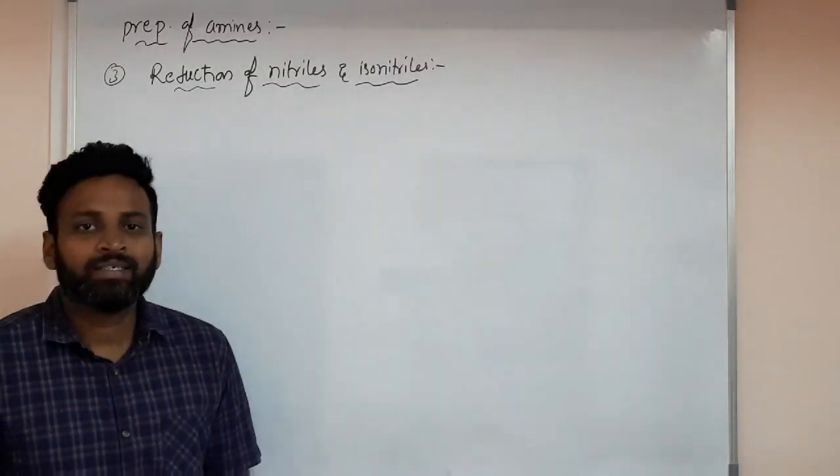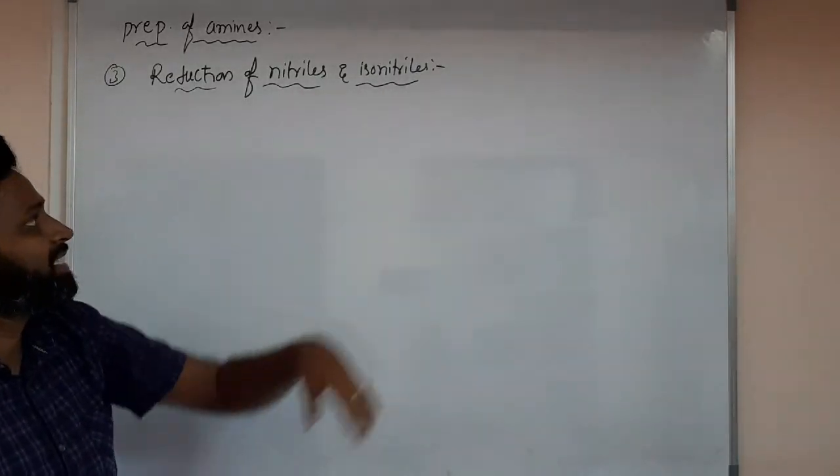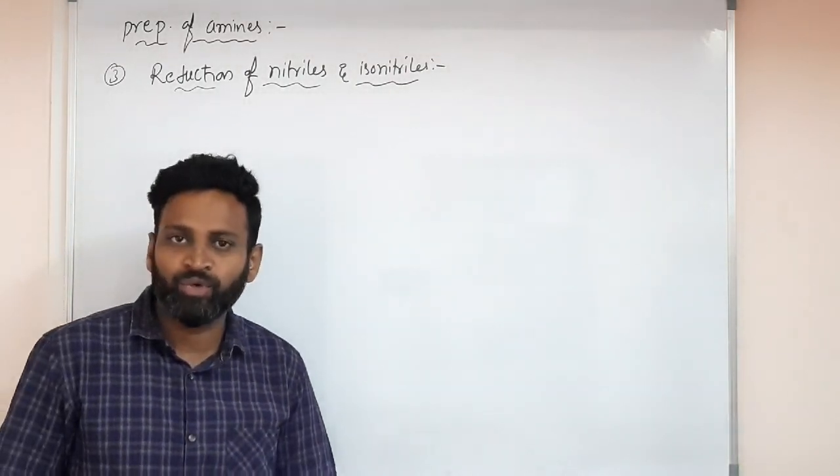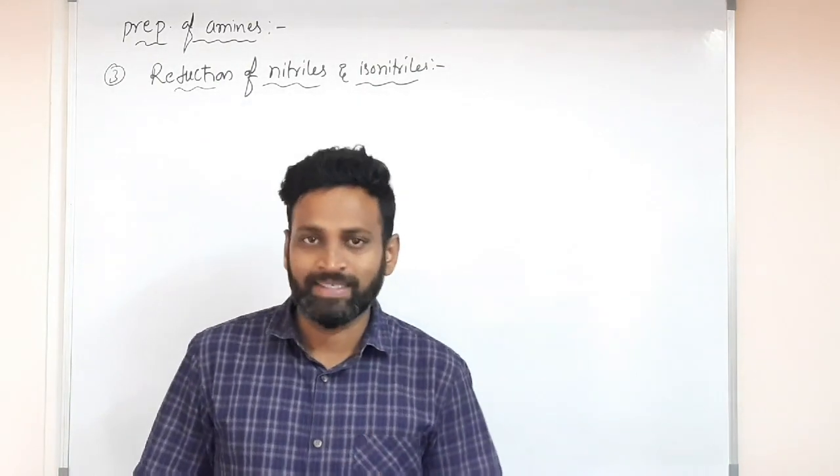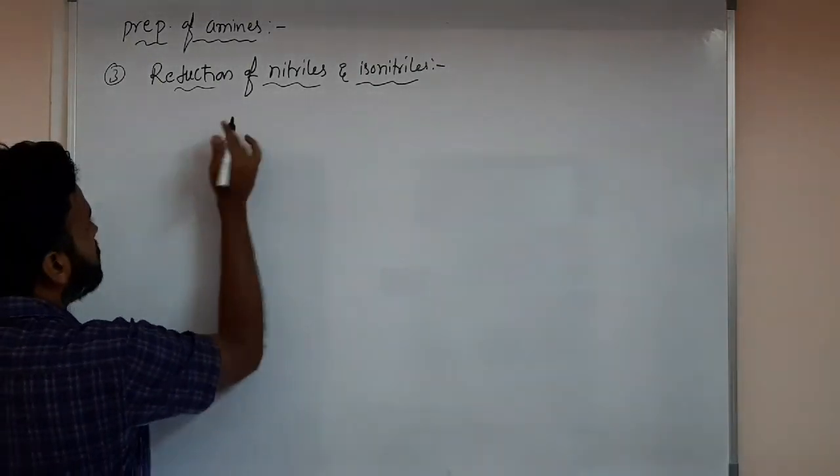Next, reduction of nitriles and isonitriles. How will they form? Nitriles means CN and isonitrile means NC, so both you know. How will they form?